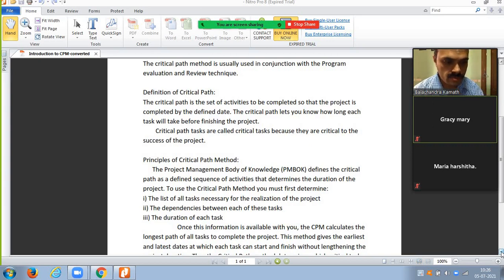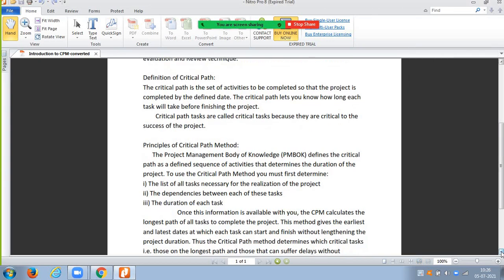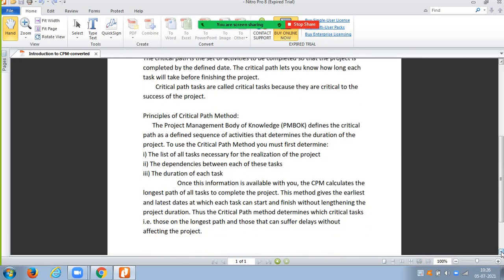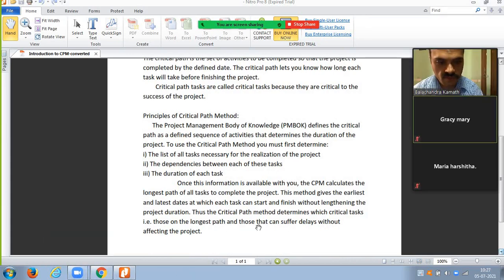This method gives the earliest and latest dates at which each task can start and finish without lengthening the project duration.